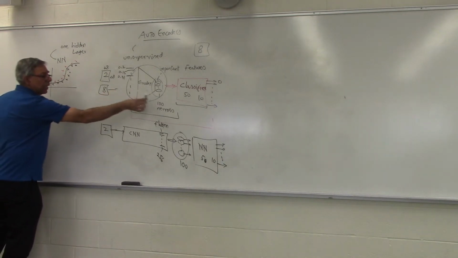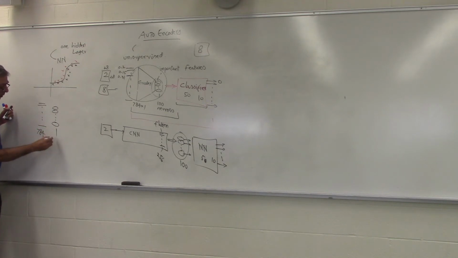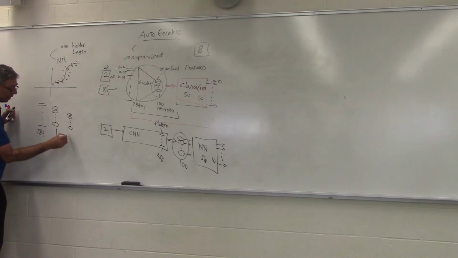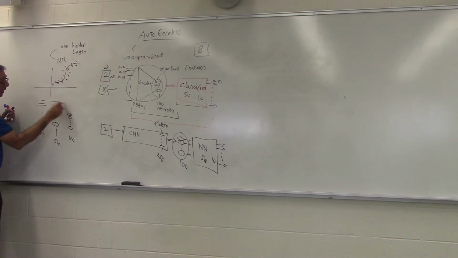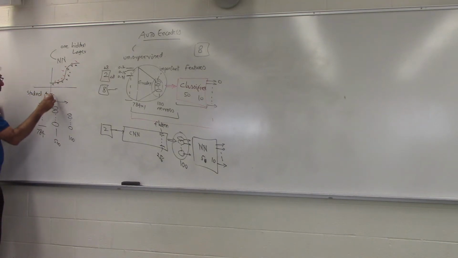We don't have to go directly to 100 neurons. We can also make it multi-layer. For example, we can go to 500 neurons, then 100 neurons. This concept is called a stacked autoencoder, or a deep autoencoder, however you want to think of it.